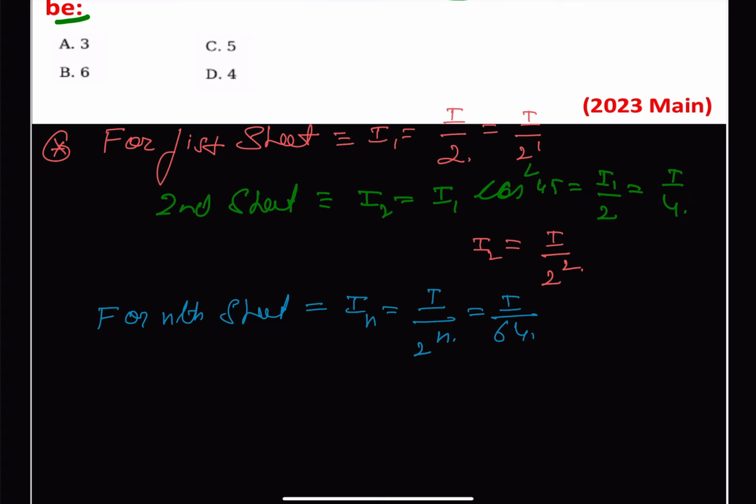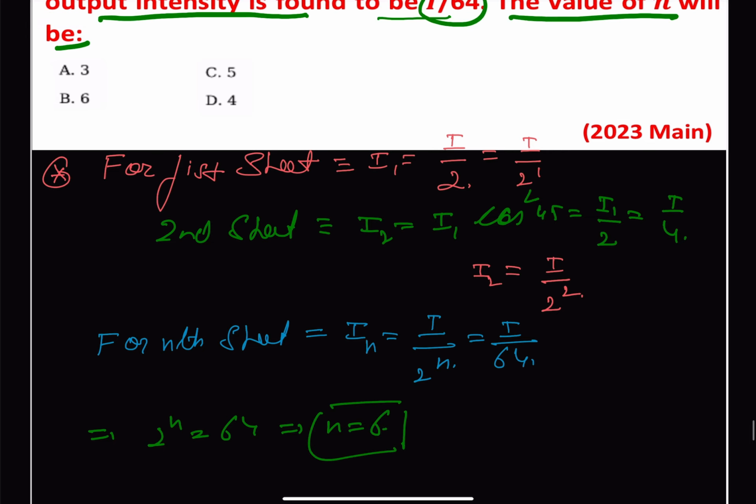So this gives us that 2 raised to power n is equal to 64, giving us that the value of n will be equal to 6. So option number B is the correct one. B is correct.